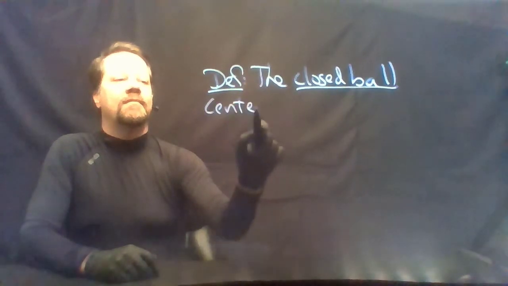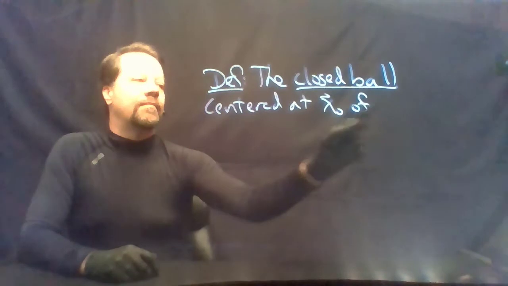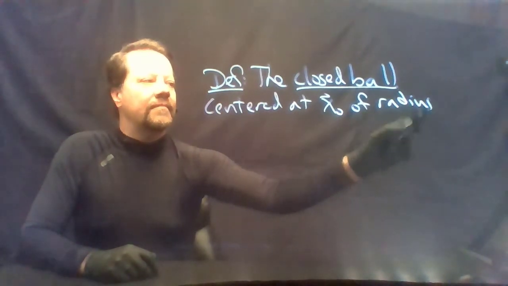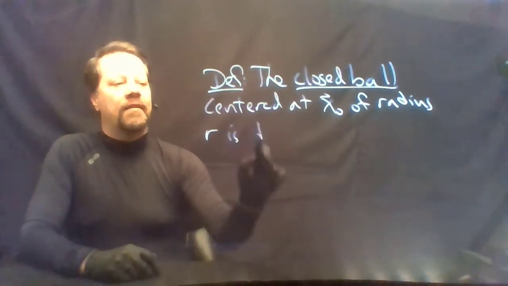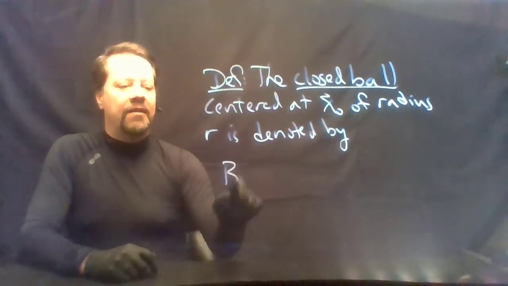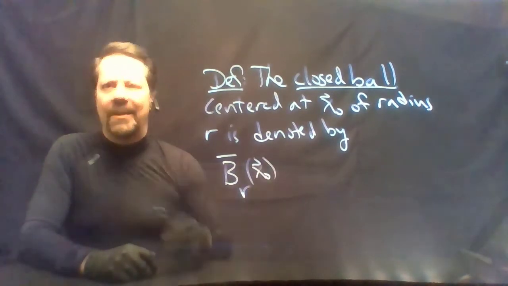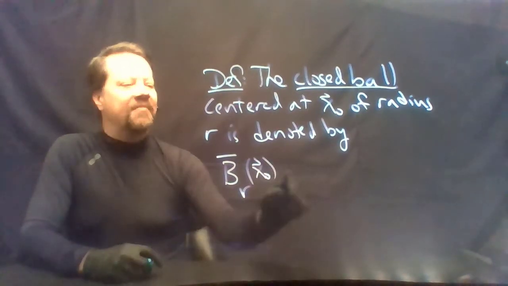The closed ball is defined in a similar way. First of all, it will be denoted by B with a bar, indicating we're kind of putting the peel back on the grape.